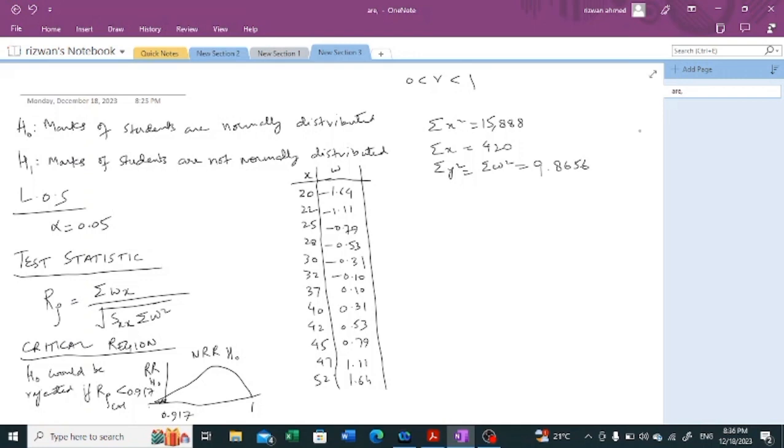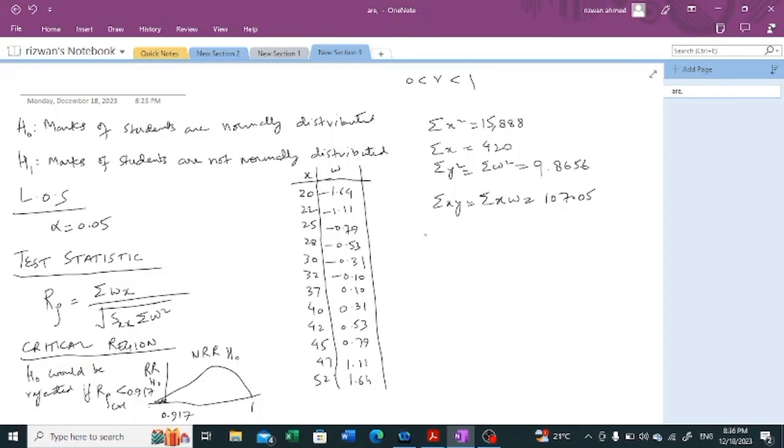Summation y should be 0, and summation xy in our calculator gives us summation x times w, and the value is 107.05.